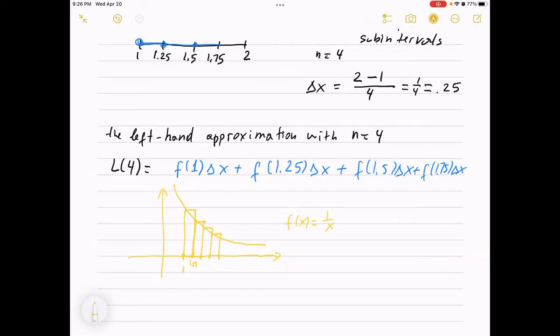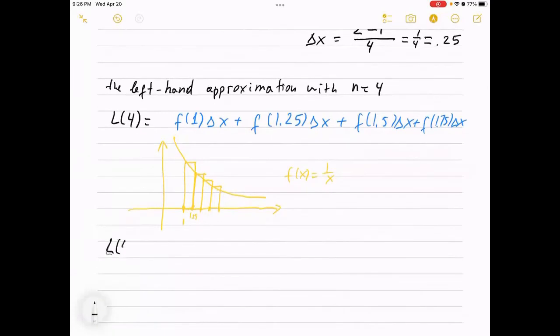So let's do the actual calculations. Remember that our function is 1 over x. So L4 is going to be 1 over 1 times delta x, which is 0.25, plus 1 over 1.25 times 0.25, plus 1 divided by 1.5 times 0.25, plus 1 divided by 1.75 multiplied by 0.25.